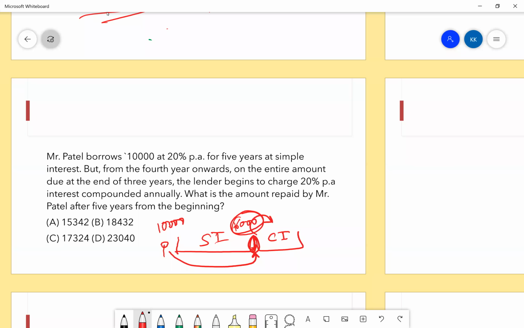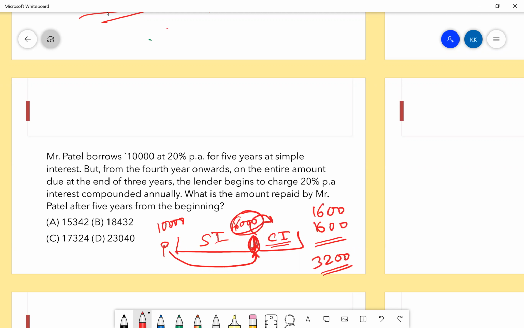See one thing, guys, one important thing. What is 10% of 16,000? 1,600. Yes. So instead of compound interest, if it was just a simple interest problem, 1,600, you will get it twice. So that would mean 3,200 would be added to 16,000.